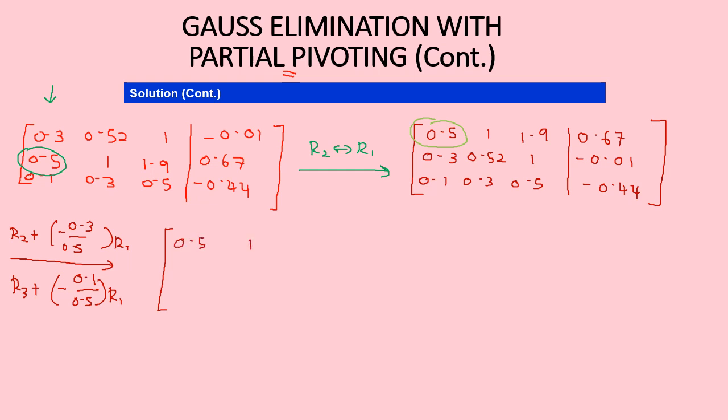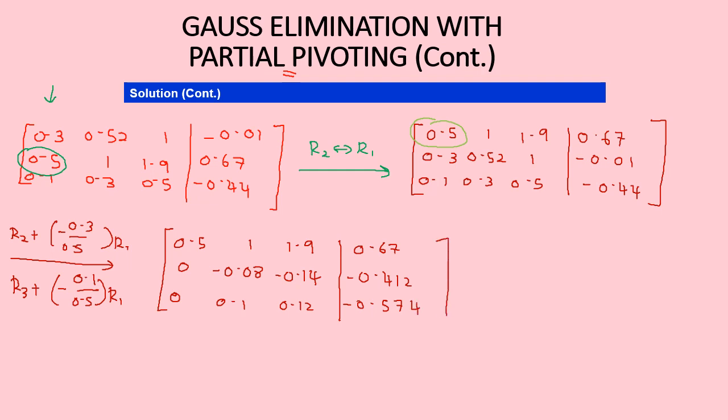0.5, 1, 1.9, 0, negative 0.08, negative 0.14, 0, 0.1, 0.12, and this side becomes 0.67, negative 0.412, negative 0.574.